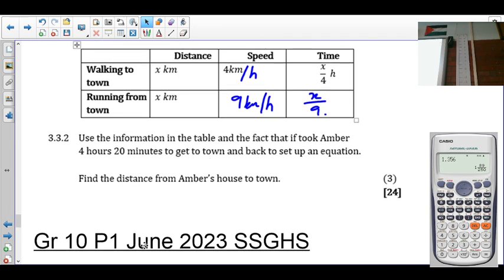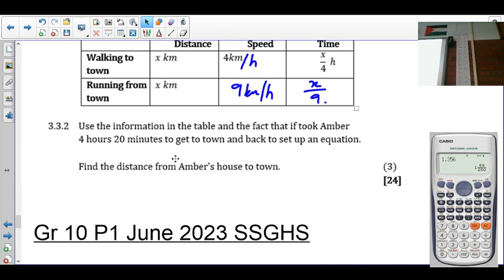Then we are told to use information in the table and the fact that it took Amber 4 hours 20 minutes to get to town and back to set up an equation. Find the distance from Amber's house to town. So the distance from Amber's house to town is x, as you can see in the table.